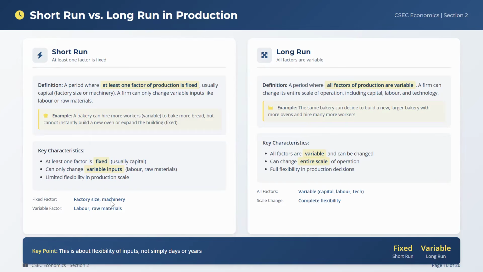In the short run, some factors of production are fixed, meaning they cannot change the amount. And in the long run, all of your factors of production are variable, meaning all could be changed. You could get more or less of all. That's how you differentiate between the two.